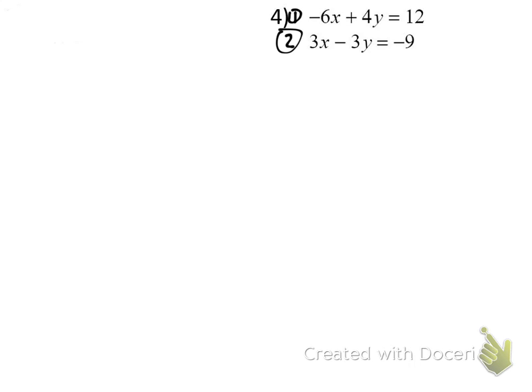Watch this. I'm going to make a new equation 3. Negative 6 divided by 2 is negative 3x. 4y divided by 2 is positive 2y. 12 divided by 2 is 6. Okay? And then I'm going to add these equations together, 2 and 3 together this time. Let's see if I get the same answer.